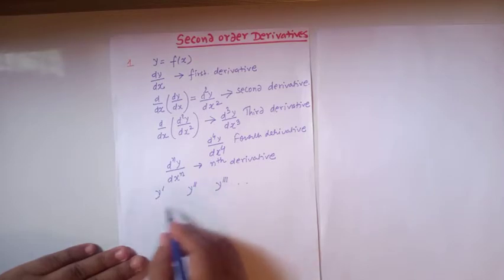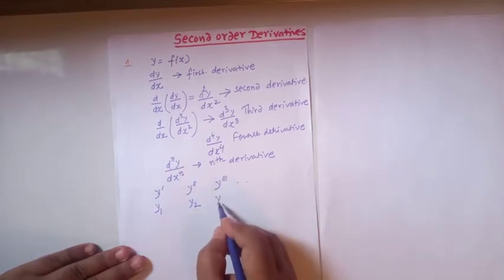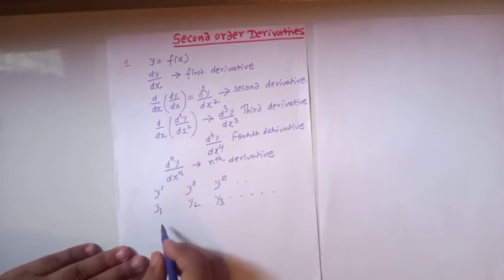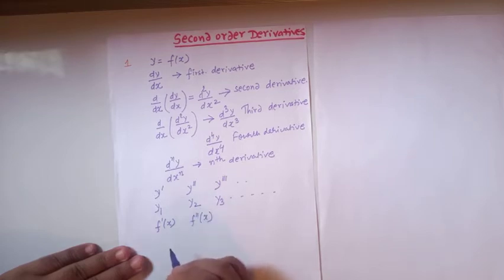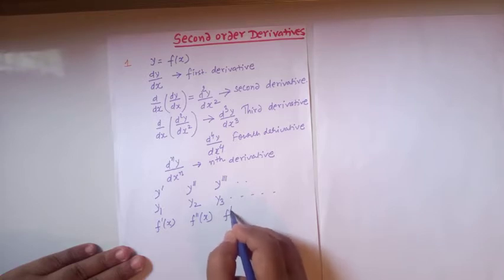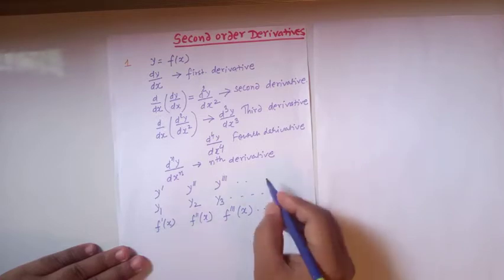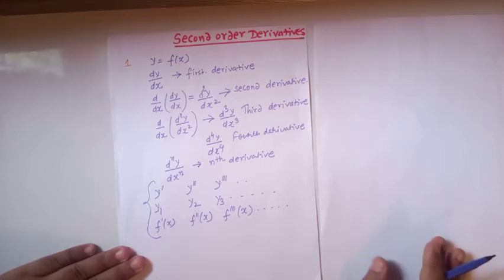Similarly, we can write y1 as the first derivative, y2 is the second derivative, y3 is the third derivative, and so on. The other notations for denoting the derivatives: suppose f prime of x is the first derivative, f double prime of x is the second derivative, and f triple prime of x is the third derivative, right? So this is how we denote the higher order derivatives.